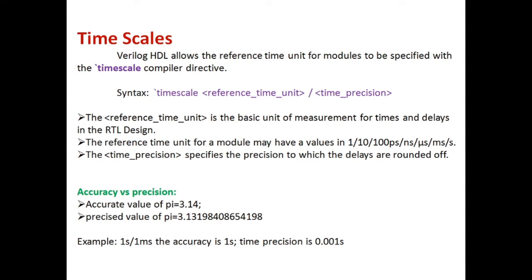Sorry, it is not the time precision, it is the precise value of your quantity. So the accurate value of your quantity is 1 second, and the precise value of your quantity is 1.001 second. So this is how accuracy and precision are involved in your timescale compiler directive.